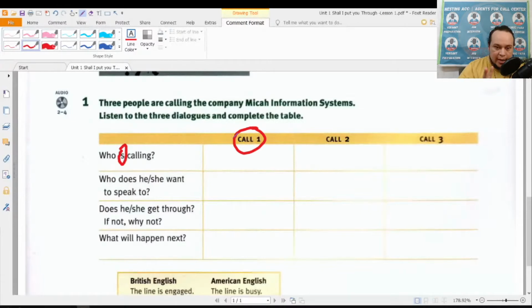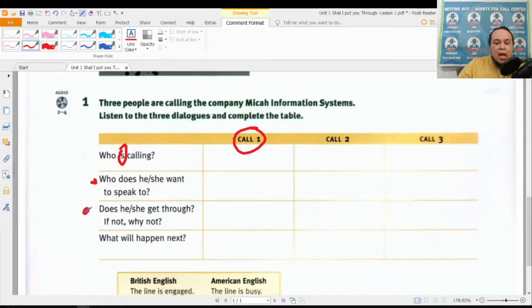And second question, simple present: who does he want to speak to, or who does she want to speak to? Alrighty, that's question number two.